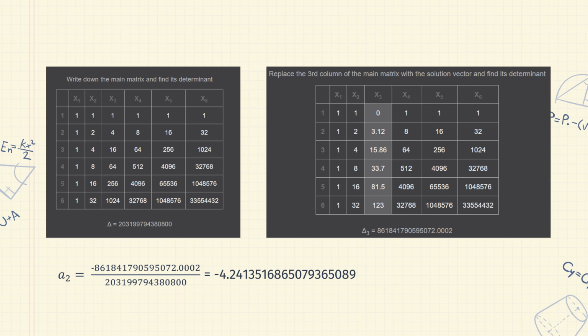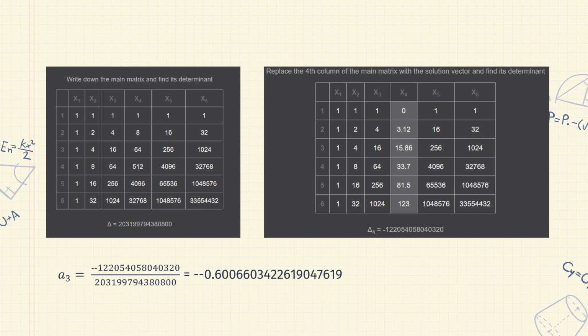Steps are repeated for each of the columns substituted with the constants b. Now we can see that the value for A2 is negative 4.24135169.